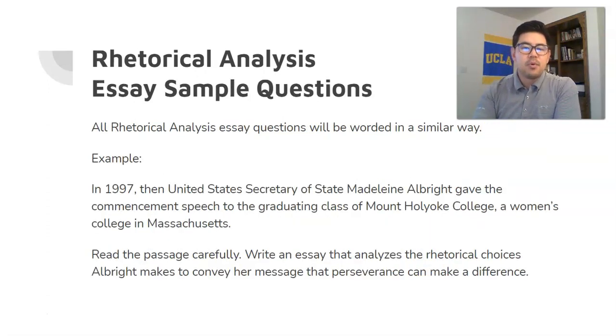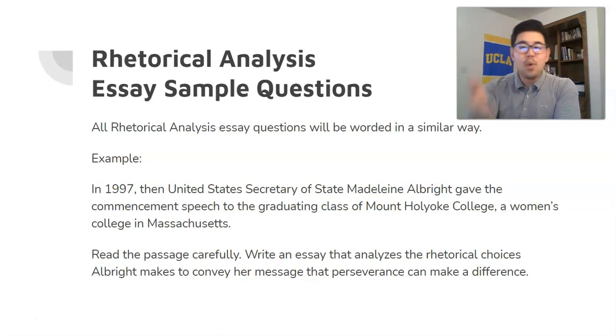So here's a sample question of what you'll be given. And it's pretty standard. They'll give you an introduction, and in this case, it's the Madame Albright speech. And then they'll give you the prompt. This is the prompt. Write an essay that analyzes the rhetorical choices Albright makes to convey her message that perseverance can make a difference.